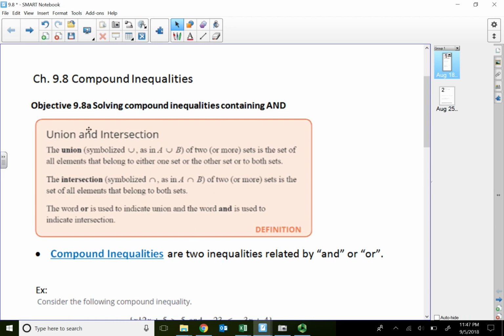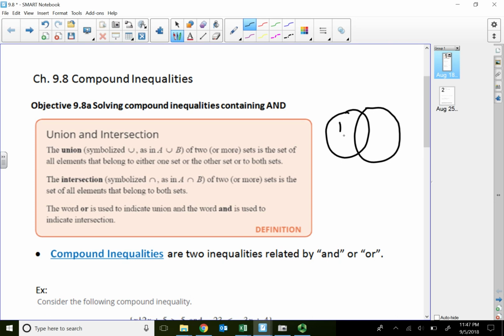So for the word or, the union. Let's read right here. The word or is used to indicate union. The union, symbolized by this thing that looks like a U, of two or more sets is the set of all elements that belong to either one set or the other set or both sets. So what does that mean really? Let's say here I have a set and here I have another set.